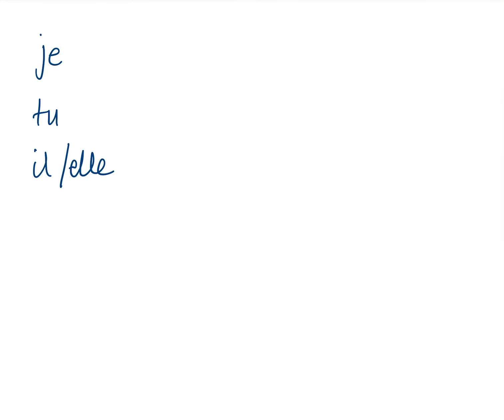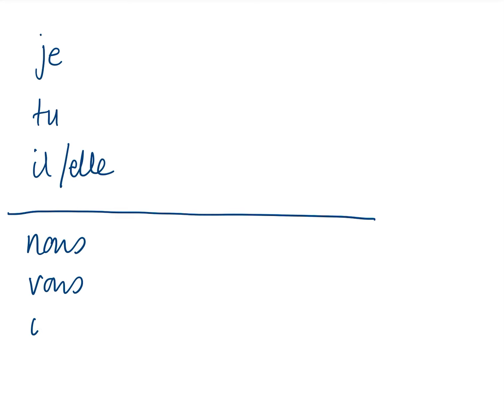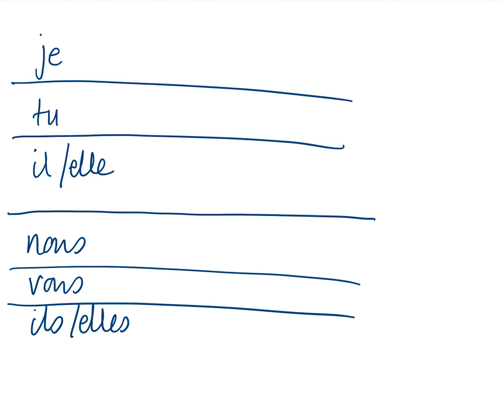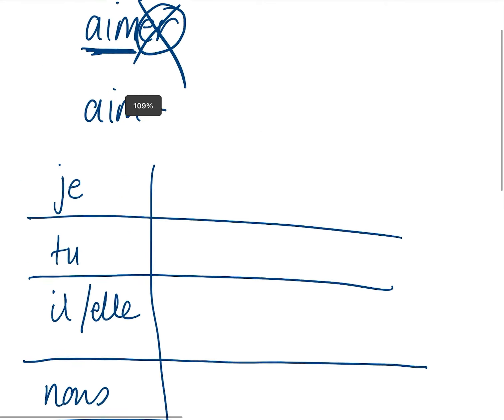Il and elle have the same ending. Then we have our plural pronouns. Nous, vous, il, elle. Same with il and elle here. We have the same endings. So for each of our different pronouns, we have different endings. Let's see what these are.